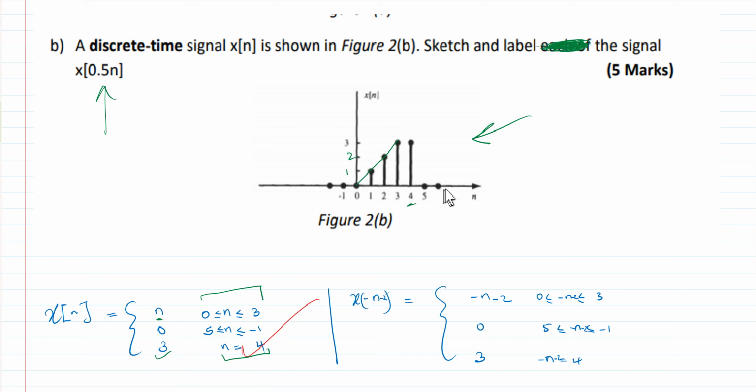And the last range is when n is bigger than or equal to 5, then x of n goes to 0. And again, when n is less than or equal to minus 1, it goes to 0. So this becomes the range and definition of this discrete time signal using discrete equations, as you can see right at that point.